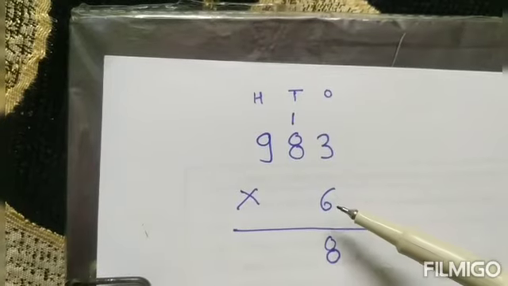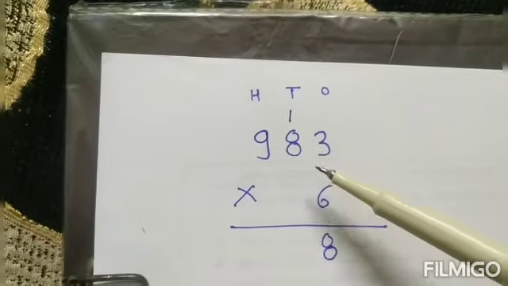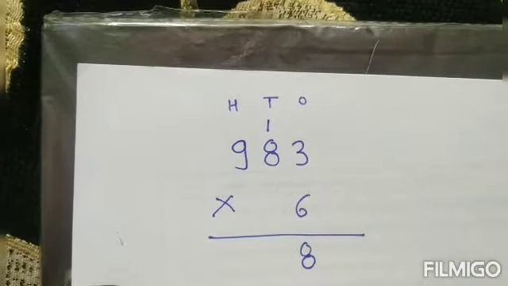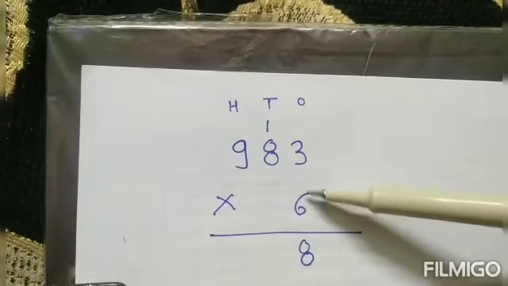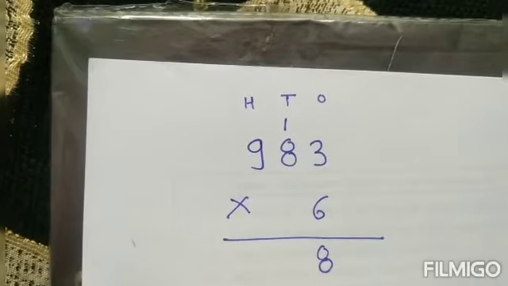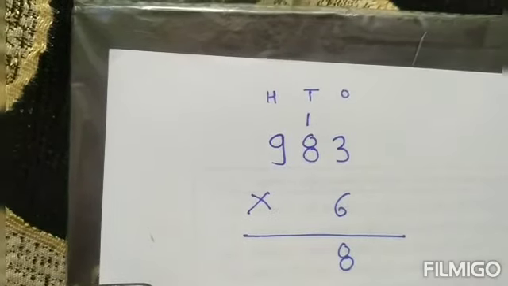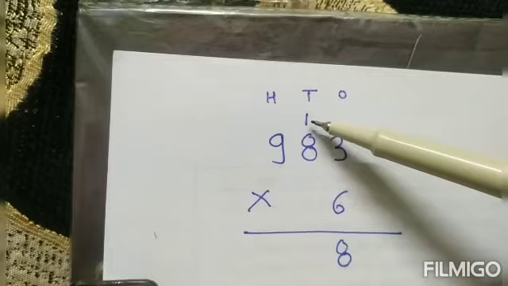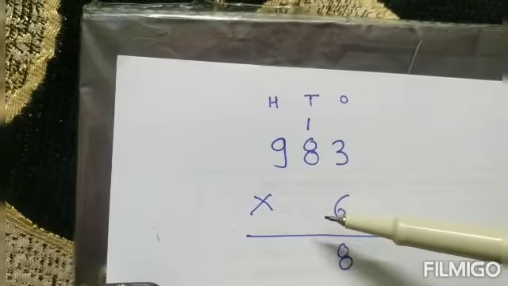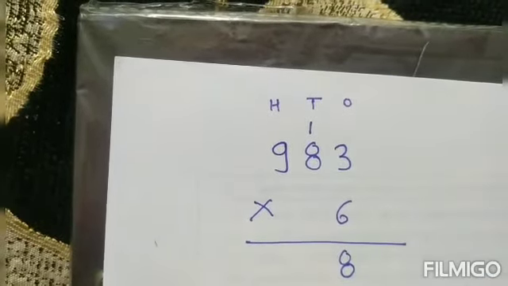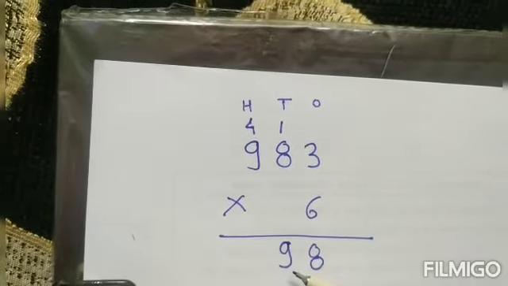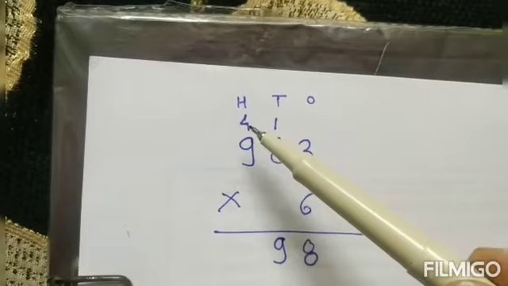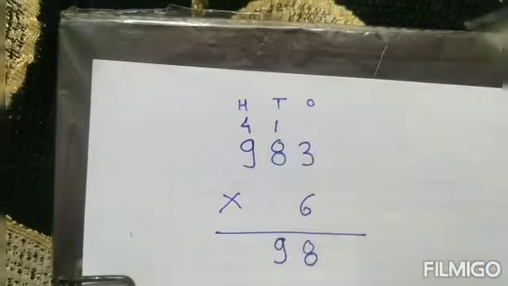Next step is multiply 6 with 8. 6 8s are 48. And now add this 1 to 48. So it becomes 49. So write here 9 and carry 4 to the hundreds column.